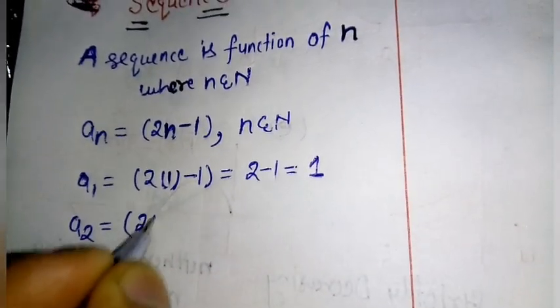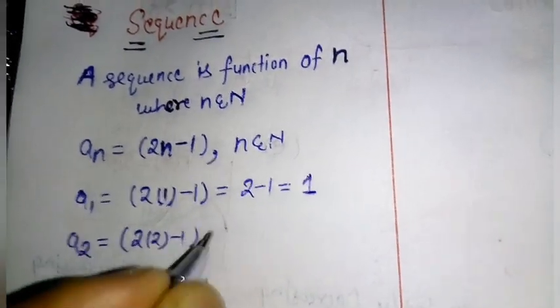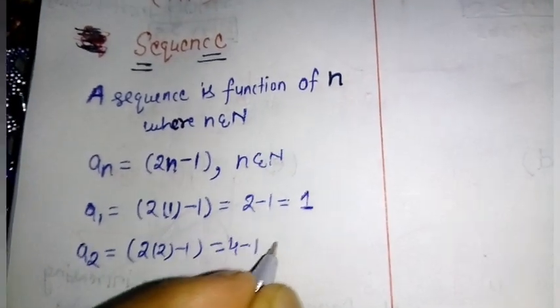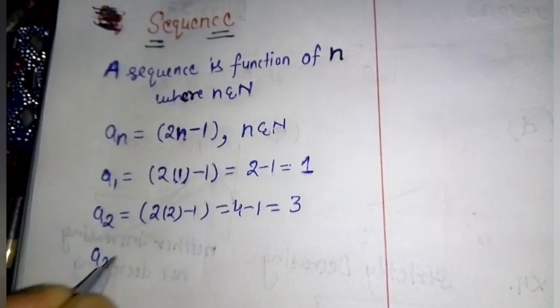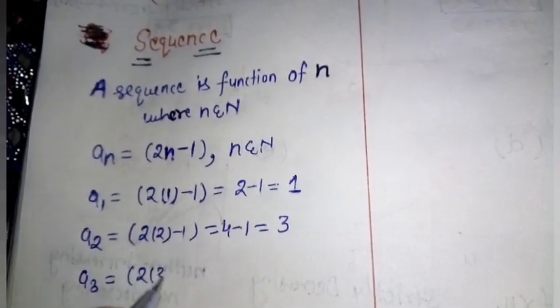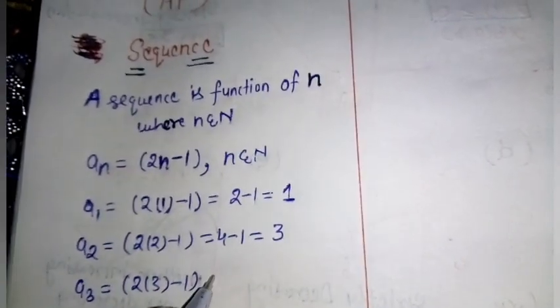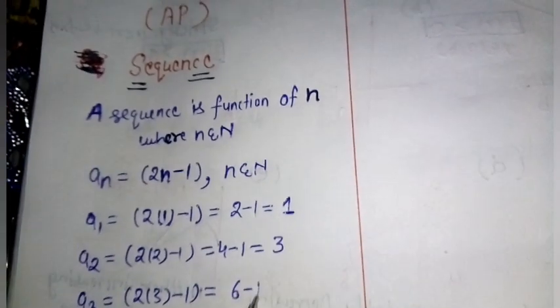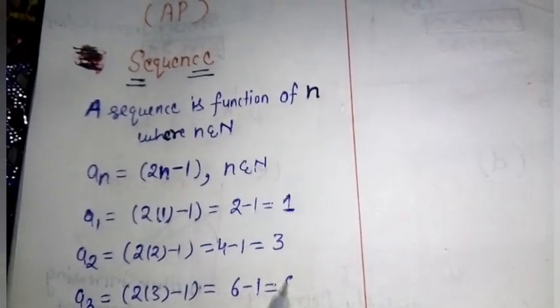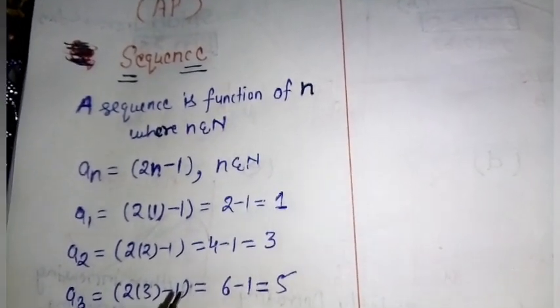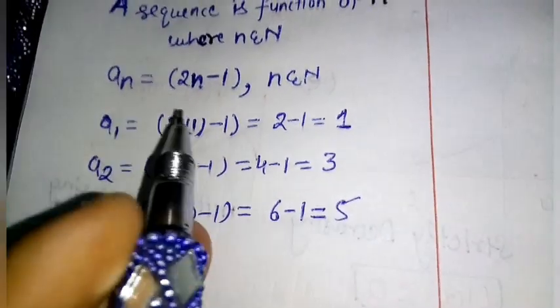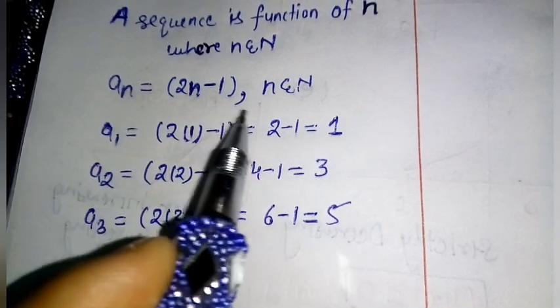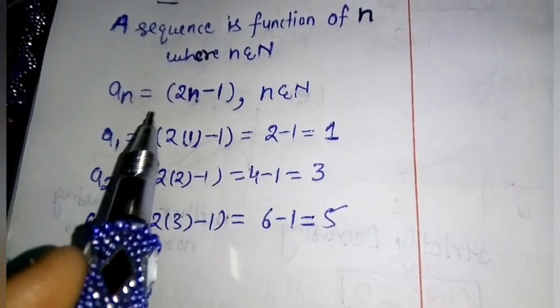That is 2 into 2 minus 1, that is 4 minus 1, which is equal to 3. Similarly, a3 is equal to 2 into 3 minus 1 is equal to 6 minus 1 is equal to 5. From here we can see that 1, 3, 5. Here this sequence is sequence of odd number.